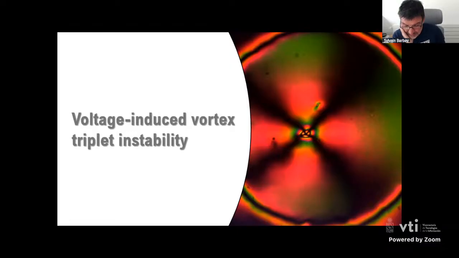I have another question concerning the arrays of vortices. From a practical point of view, it's interesting to be able to have arrays of vortices and to control them. If I have an array of vortices and I want to control the vortices individually, what would be the best technical solution?